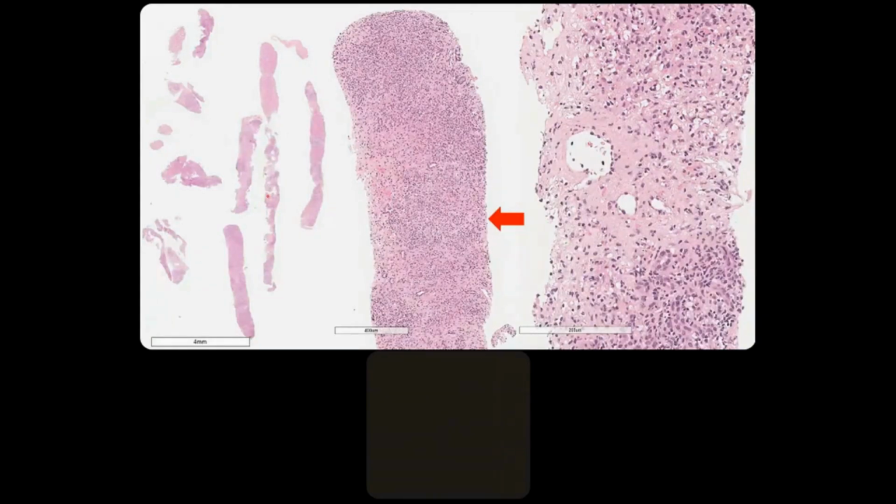So you can see that the liver is obviously abnormal, and on high magnification, the first thing that should catch your eye is the complete absence of hepatocytes and entire lobules that have been replaced by inflammation and this ductular proliferation.